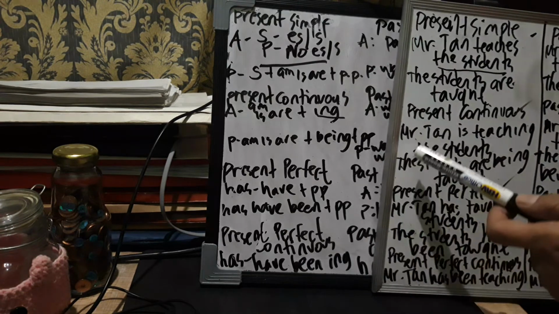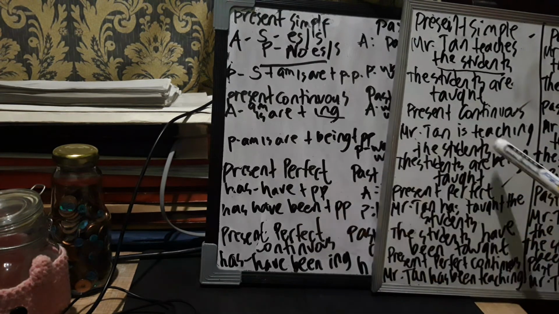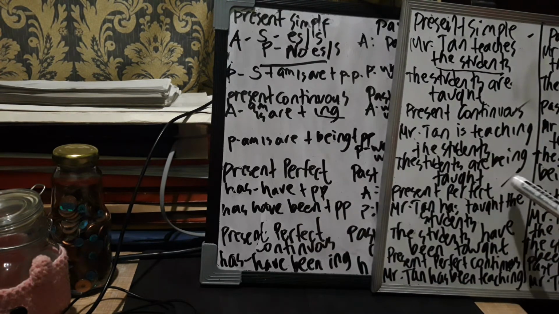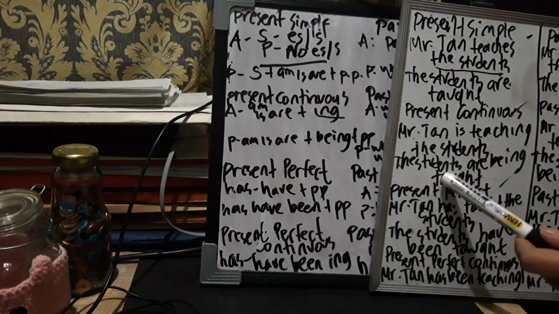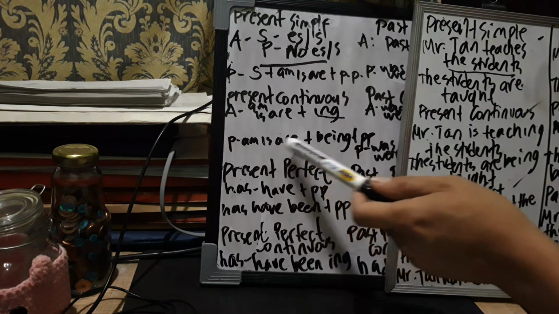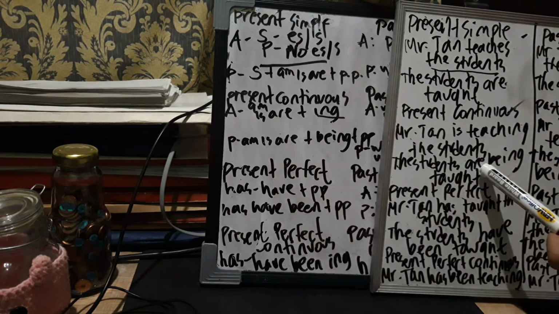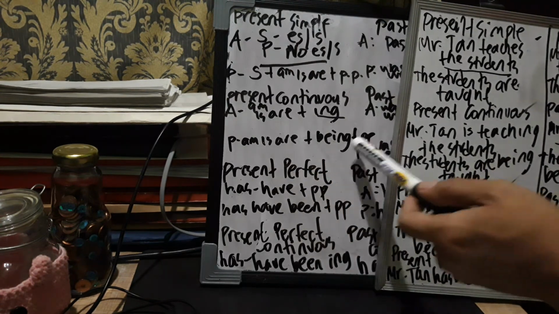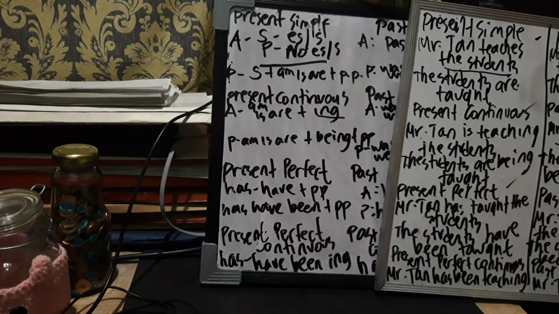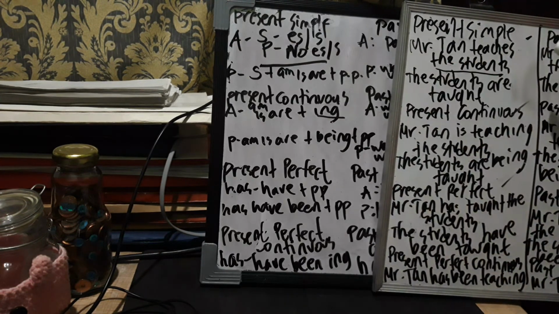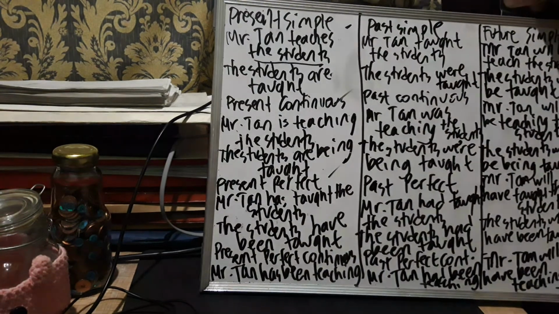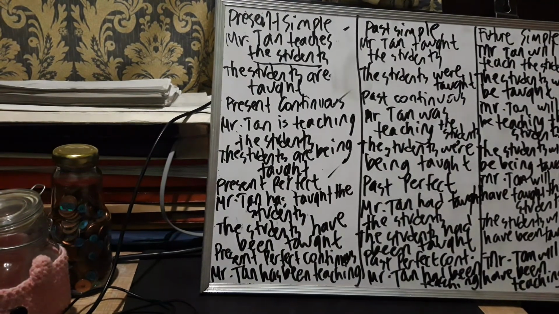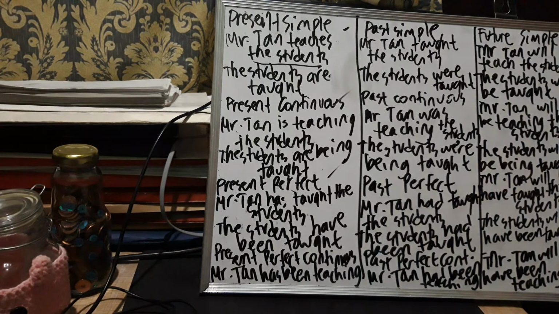The object, the students. Is it am, is, or are? Students is plural, so are plus being plus PP. The students are being taught. So you follow this, and then you can change one sentence into passive using your 12 tenses of verbs.